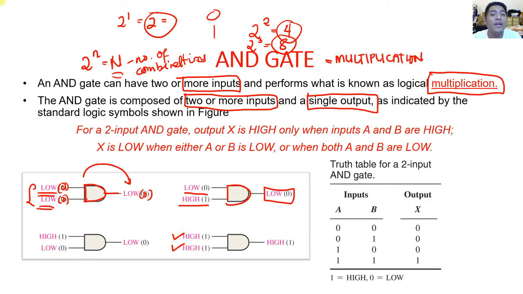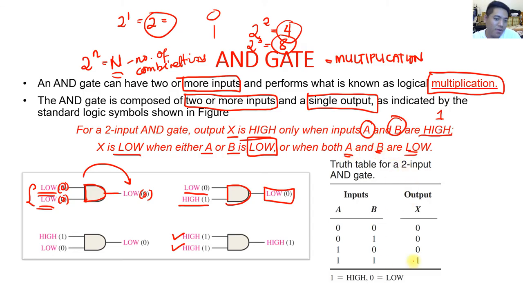If there is one input that is low or logic 0, the output will always be 0. So for an AND gate, output X is high only when inputs A and B are high or 1. X is low when either A or B is low. So if there is a logic 0 among the inputs and you perform AND, the result will always be a low output.